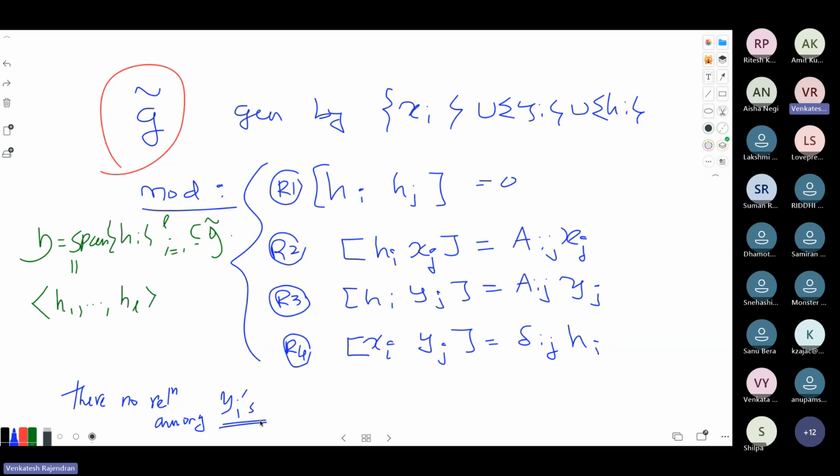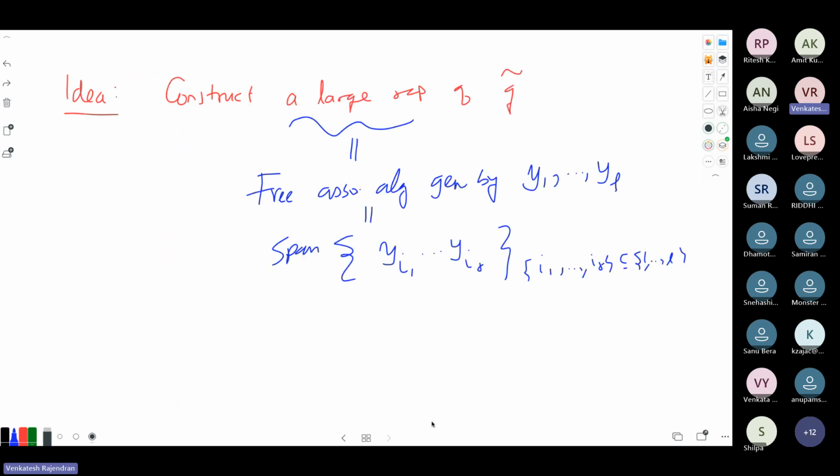So you take these yi's, and basically what we want to say is this. Inside this G tilde, you take this n minus tilde, which is the subalgebra generated by y1, etc., yl. There is no relation among the yi's.